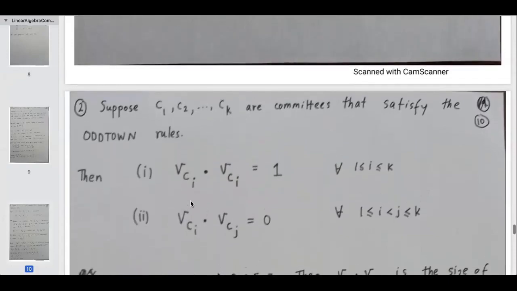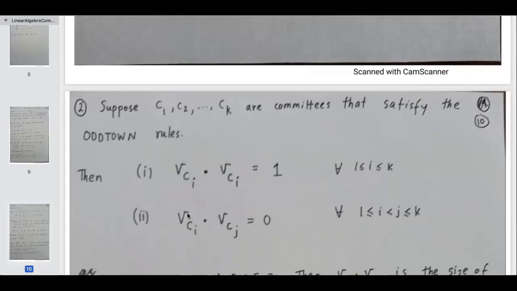And second, VCi dot VCj: when we multiply it out we will just get ones wherever there's a one in both entries. So that will count the number of elements in common. But since we're doing computations over F2, if that number is even it will become 0.